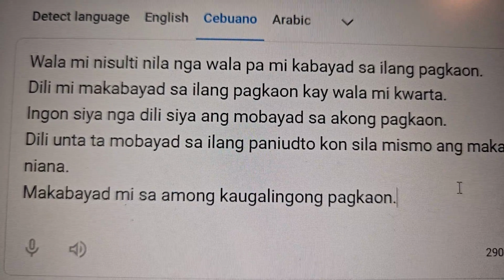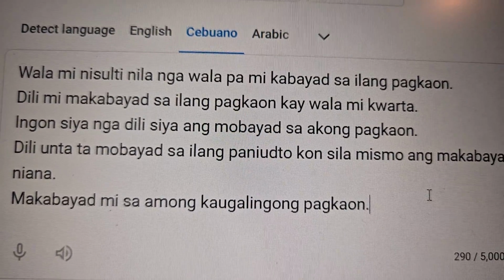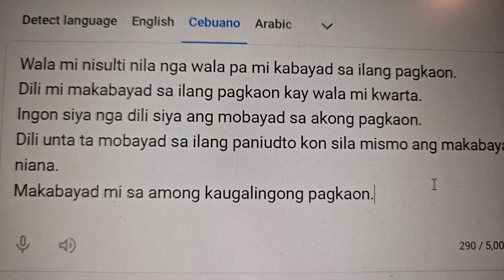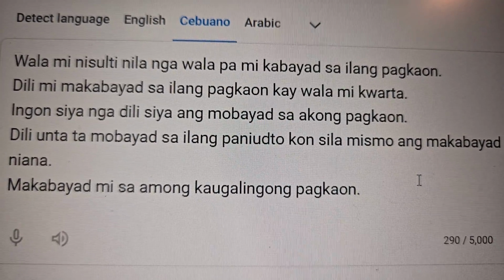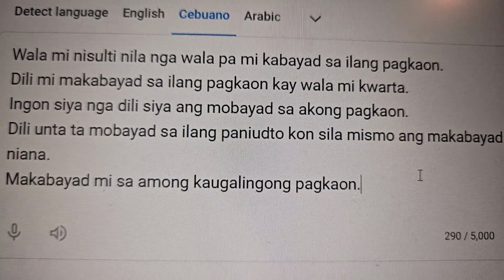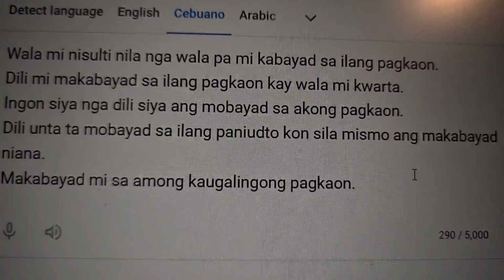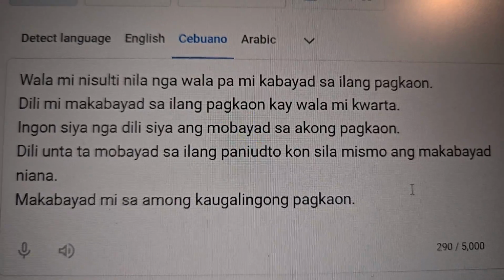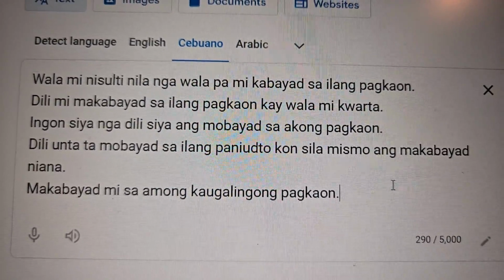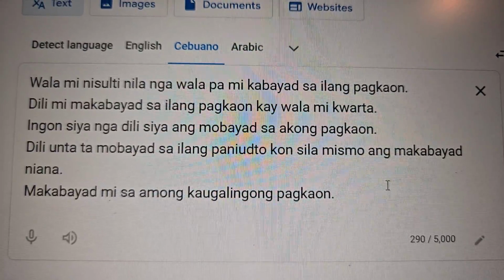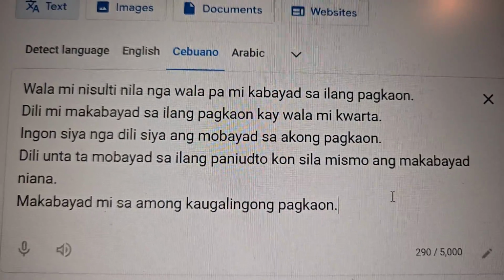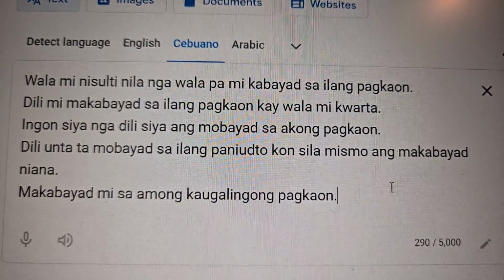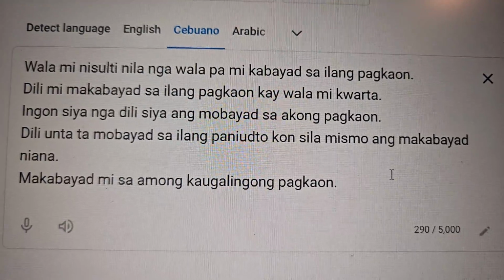Kung sila mismo, if they themselves, kung sila mismo ang makabayad, could have paid or will be able to pay. So again, one person is reflecting on a story that happened in the past. So we say mobayad and makabayad, or we're thinking of something that happened and then facing an issue that's being contemplated at the time.